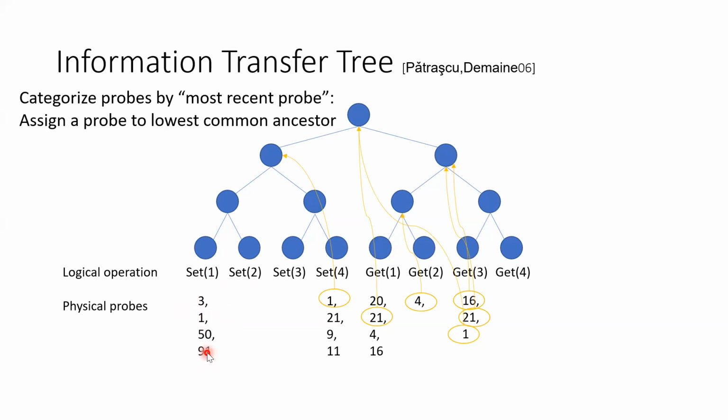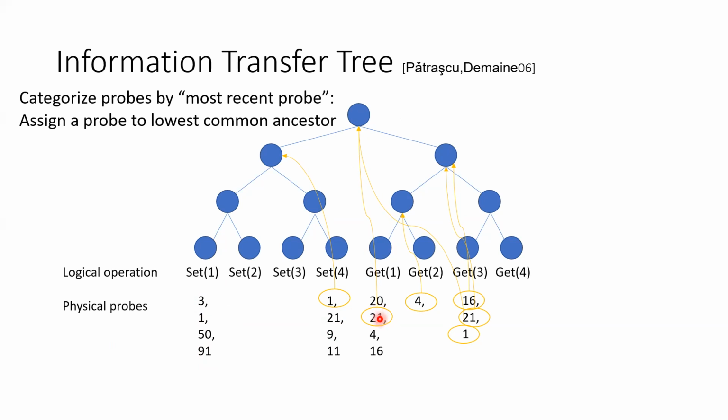These probes are not probed before, so they are not assigned. 21 here was not probed before, but 21 here was probed before, so it is assigned to the lowest common ancestor with this previous 21.